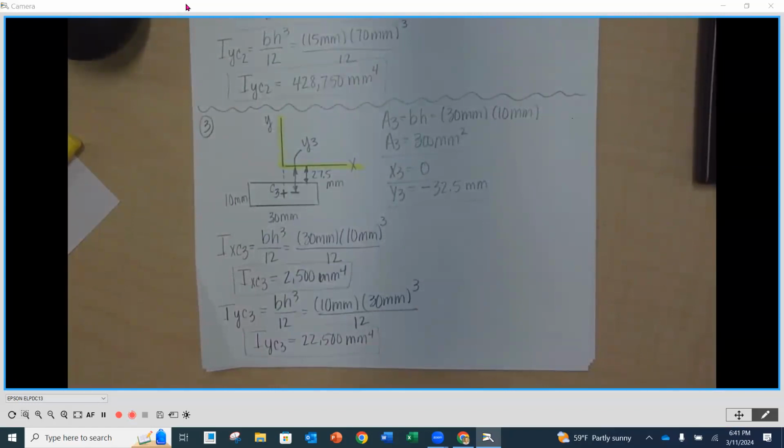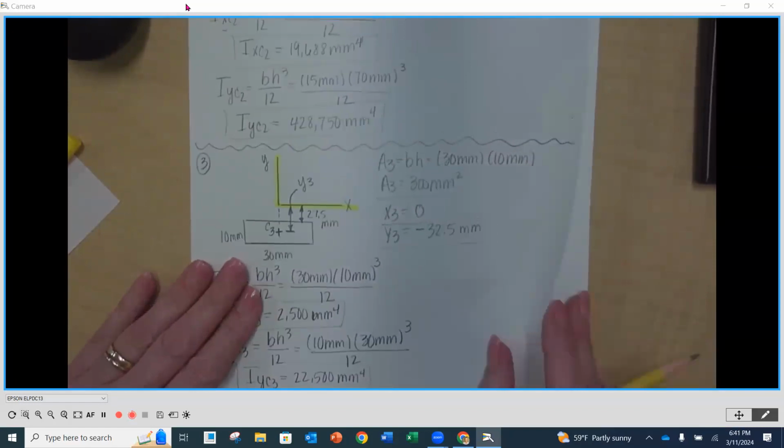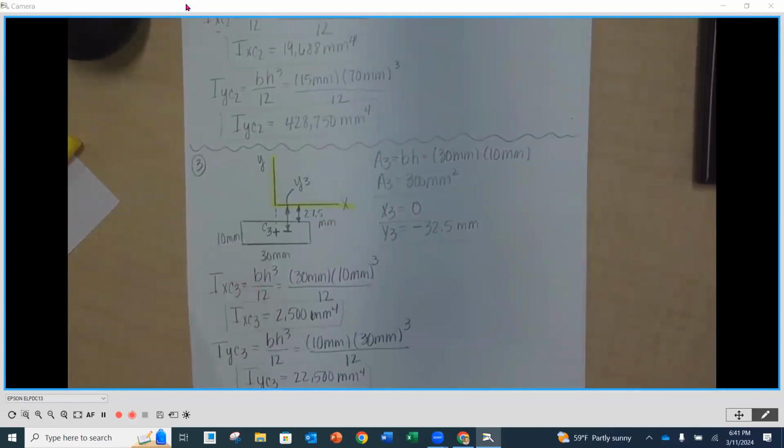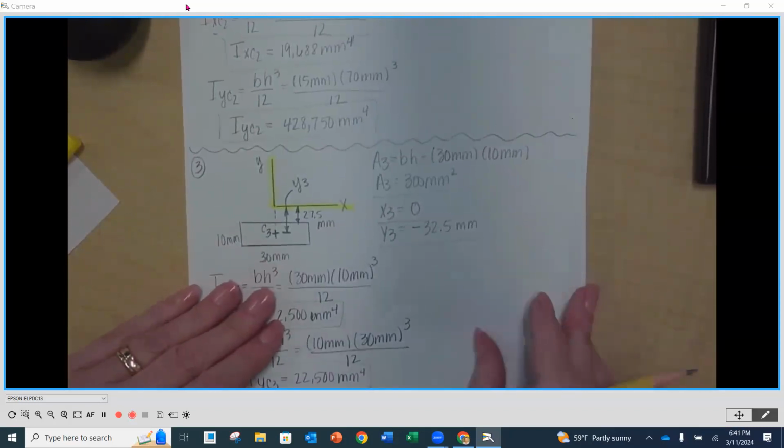All right, any questions? I know it's a lot to write down as we go. All right, so now as we remember from our centroid work, we make a little chart, and that chart is based on the equation to solve for the centroid. So, on my next sheet here, solve for the centroid.